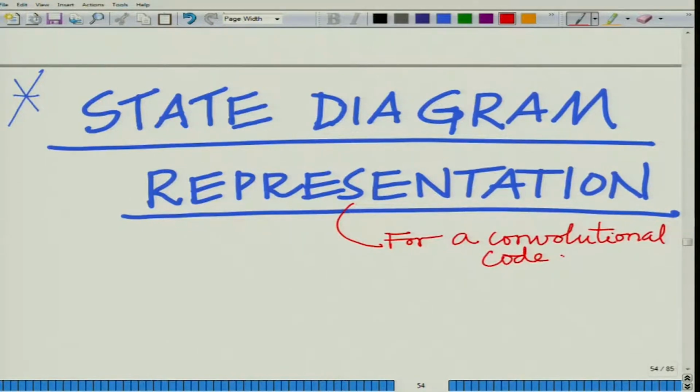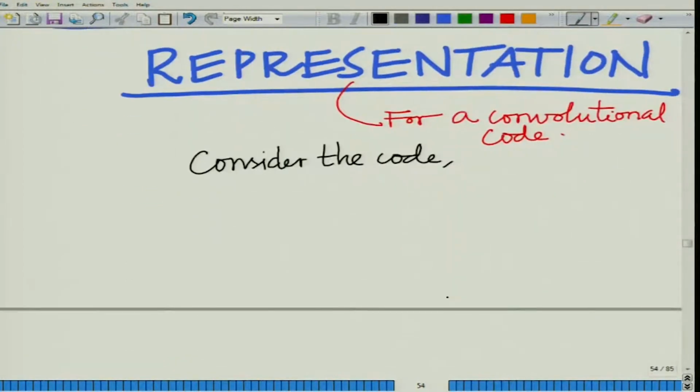Again let us start by considering the same code that we have been considering so far, which is basically the code bit C0j at time instant j is xj plus xj minus 2.